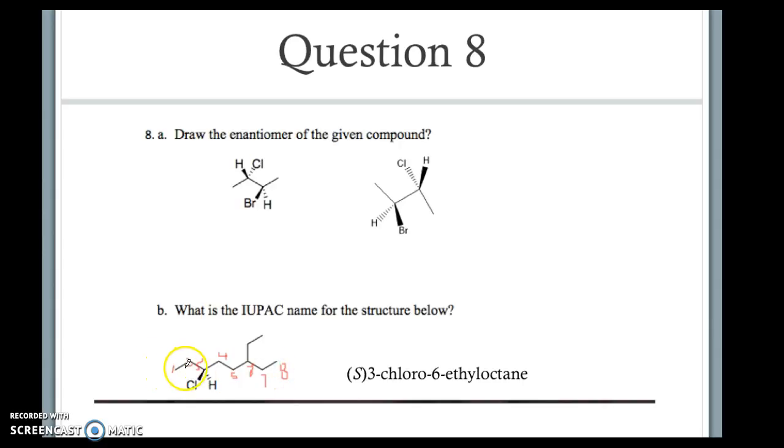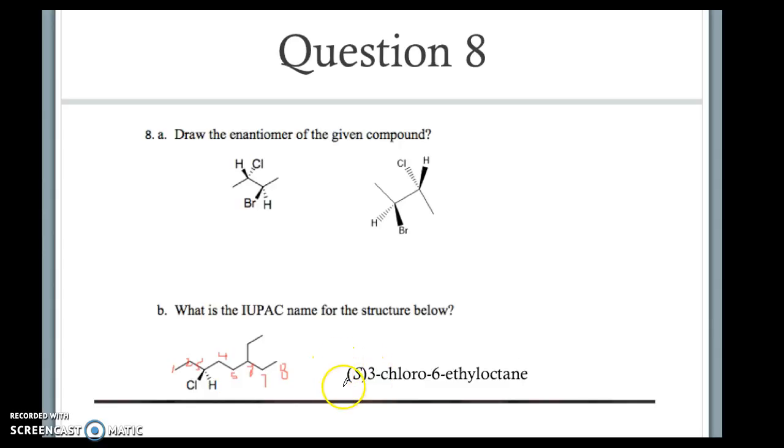So from there, my chlorine is on carbon number 3, so I wrote that down here. My ethyl group is off of my 6th carbon, so that gives us our 6-ethyl, and there are 8 carbons giving us the octane.